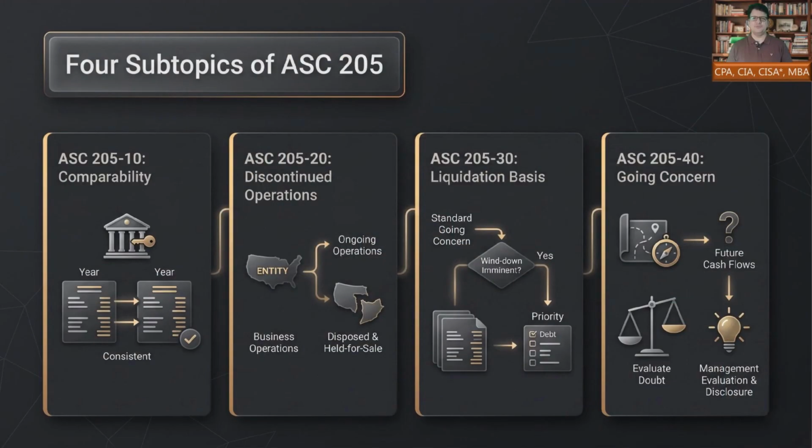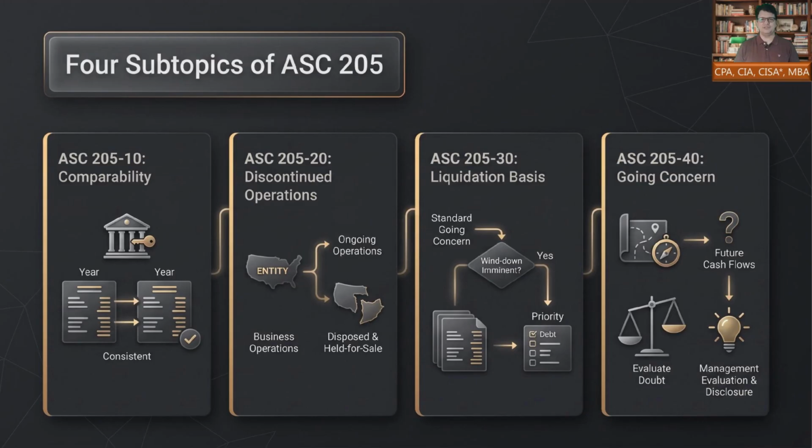Now let's place the four subtopics on the table. ASC 205-10 deals with overall presentation, mainly comparative statements and comparability. ASC 205-20 deals with discontinued operations, meaning when a disposed or held for sale component is separated from continuing operations.